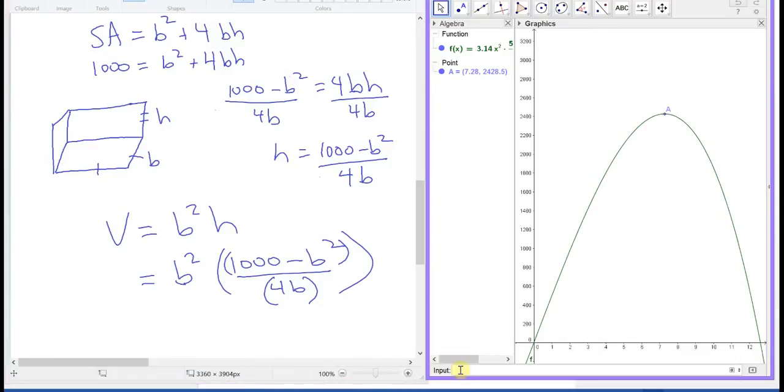So over here, b squared, so we need x squared times bracket 1,000 minus x squared, all divided by bracket 4x. And I didn't even type b, I really thought I would. I have all the brackets I need.